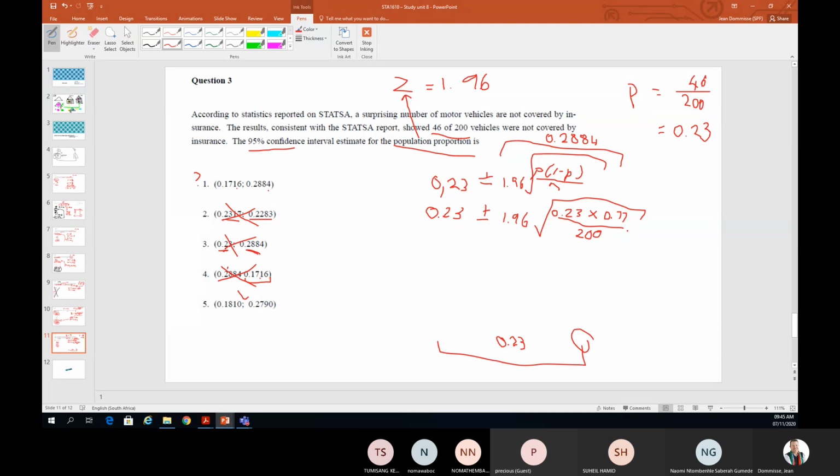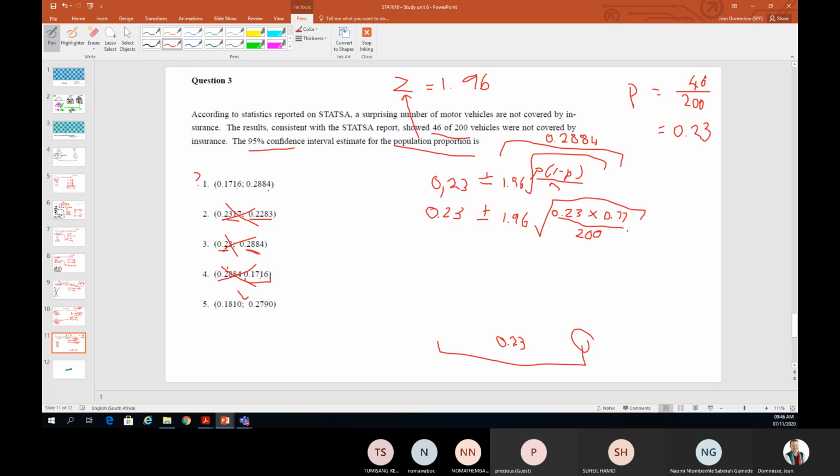So 0.23 times 0.77 gives me 0.177, divided by 200 gives me 0.000886. If I take the square root of that, I get 0.0298.